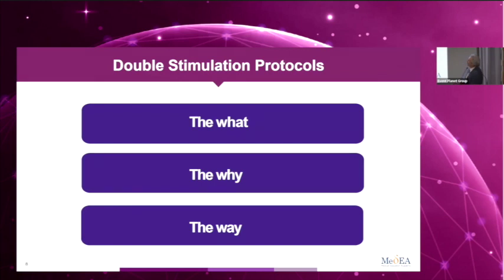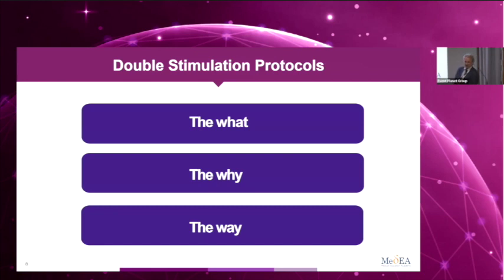So why should we consider accumulating oocytes or accumulating embryos? But the first question is why we can hypothesize that this is possible. So I would like to introduce the concept of follicular waves and how we can search for follicular waves during our stimulation protocols.